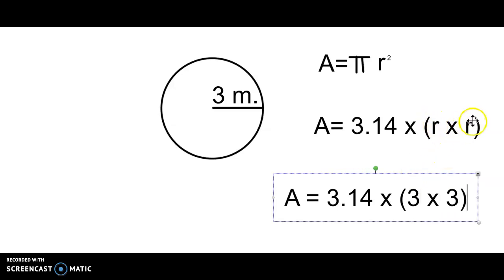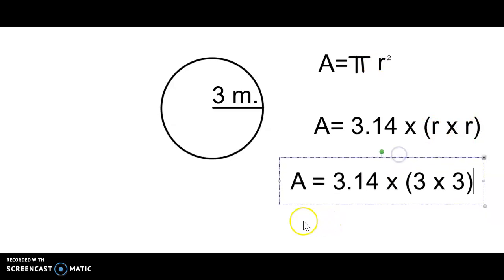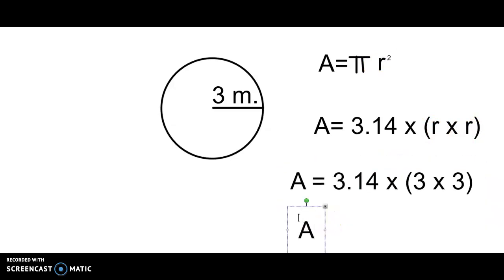Radius times radius. Again, not radius times 2, but radius times radius. So that's our problem. Let's break it down again. Area equals 3.14 times 9. I know that 3 times 3 is 9. So now I have to solve to find out what the area of my circle is.